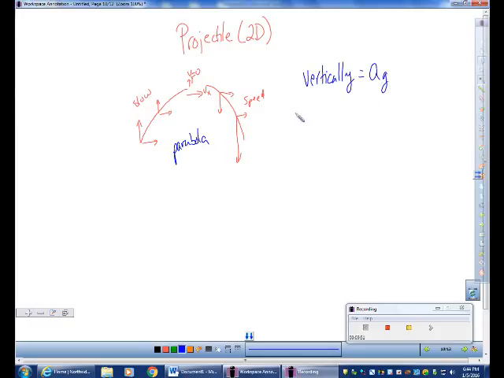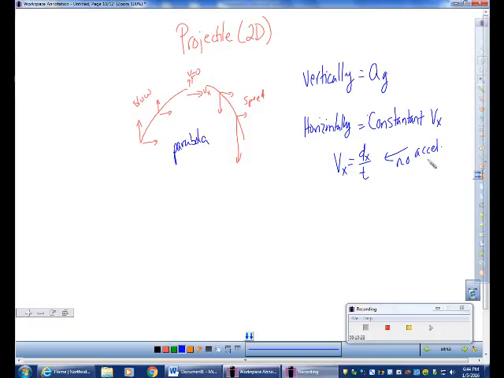Horizontally, we don't have any gravity, so we have constant motion. The only equation that we have that shows constant motion is our very initial one. So we'll represent it with some x's here. No acceleration because it's constant.